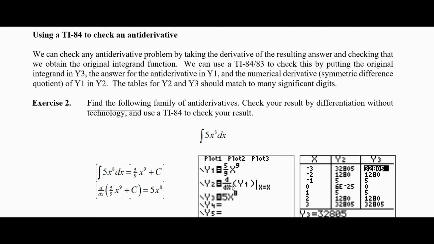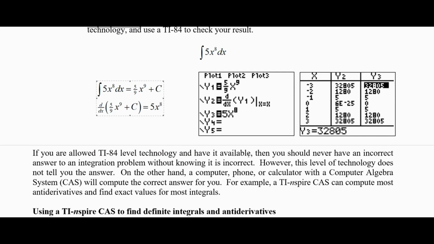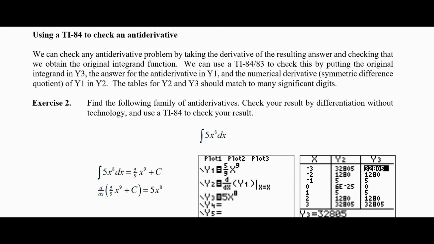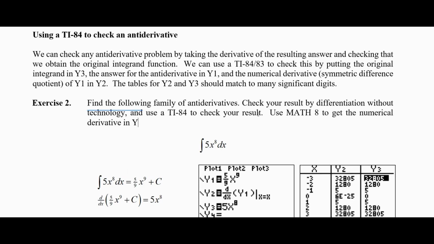Now, how do you get this line for y2? It's Math 8. Let me go ahead and type that in here. Use Math 8 to get the numerical derivative in y2 on a TI-84 or 83.